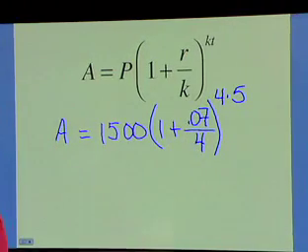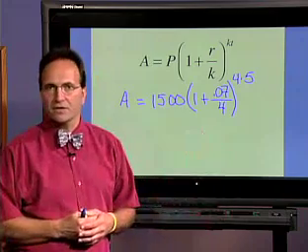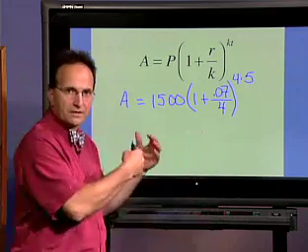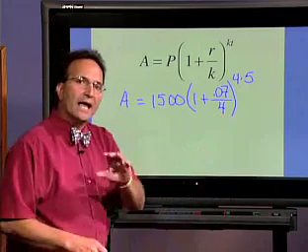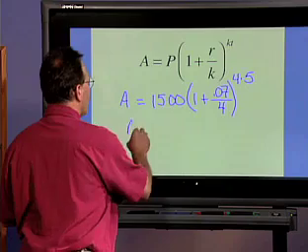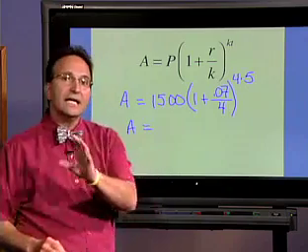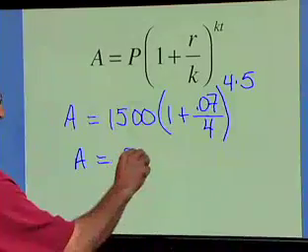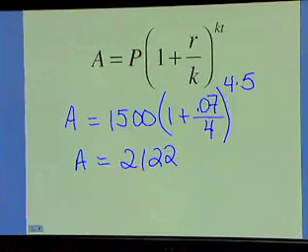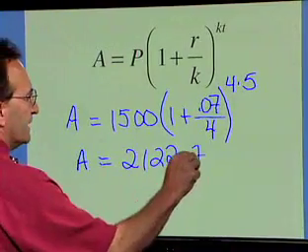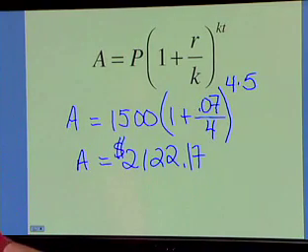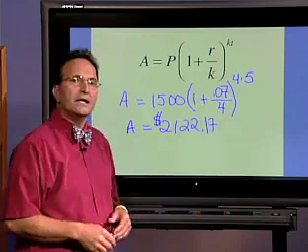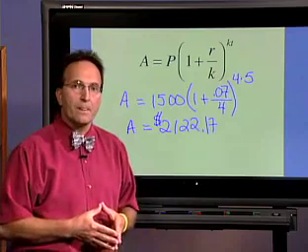All right, obviously you would plug all of that into a calculator and have the calculator actually create that calculation for you. And if you would do that, you would find that the amount of money is actually equal to $2,122.17. So you've accumulated a fair amount of money in just that 5-year period.